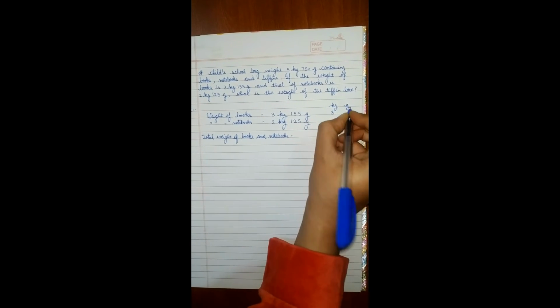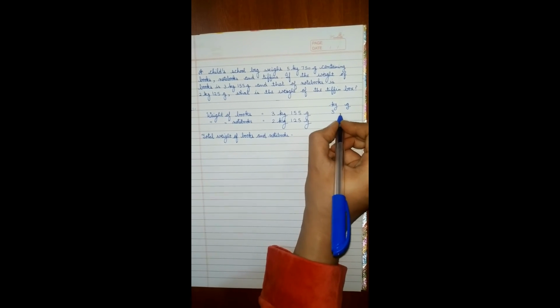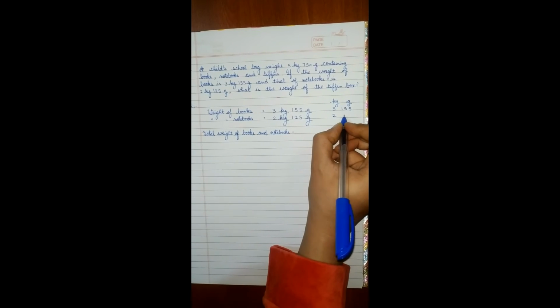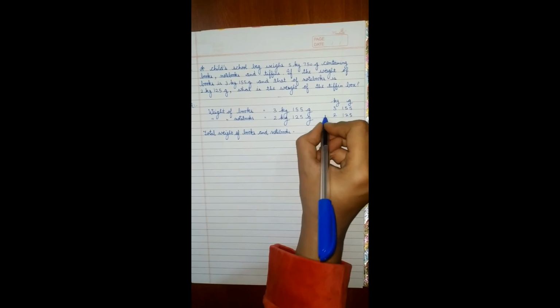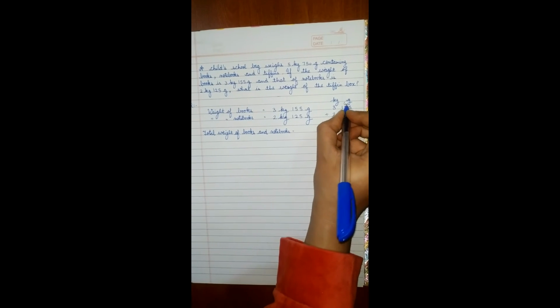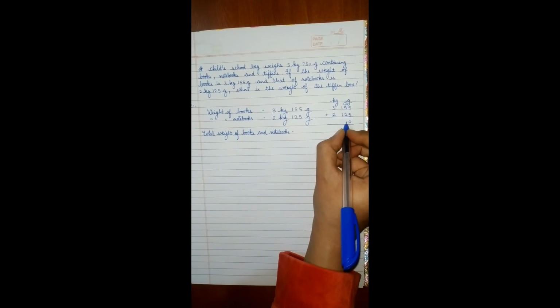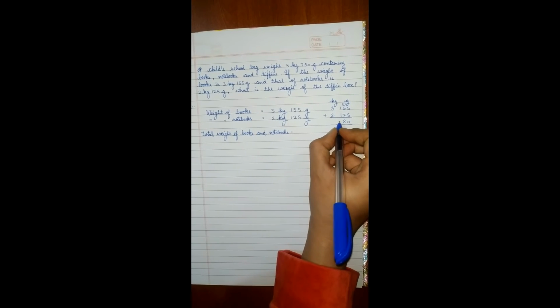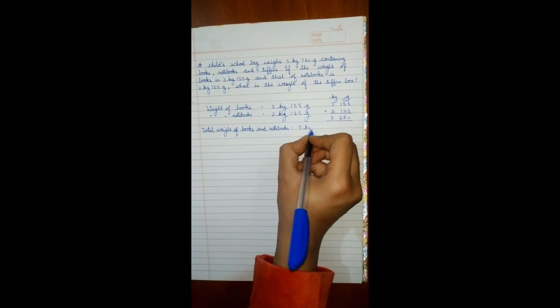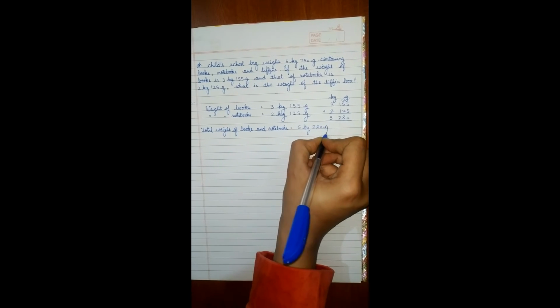Make 2 columns, one kilogram and another gram. Write the numbers according to the given columns. Now add it. 5 plus 5, 10, write 0 with 1 carryover. 5 plus 2, 7, 7 plus 1 carryover is 8. 1 plus 1, 2, 3 plus 2, 5. So write here 5 kilogram 280 gram.